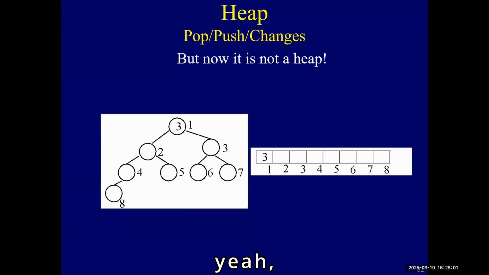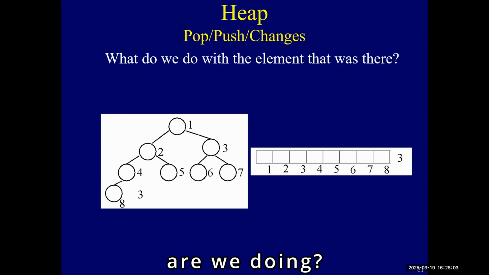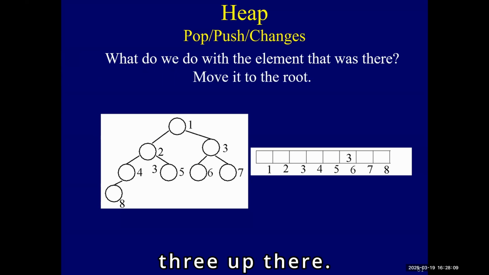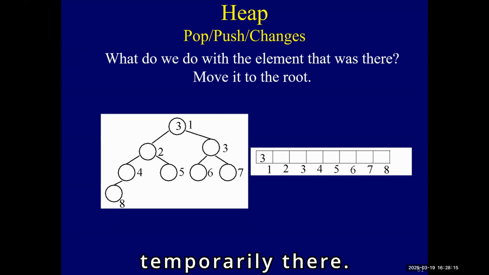Here, what are we doing? The 3 is there. We just put it temporarily there. It's not the biggest number. Something like 21 was the biggest, and the next biggest is probably 20. 3 is some little number.